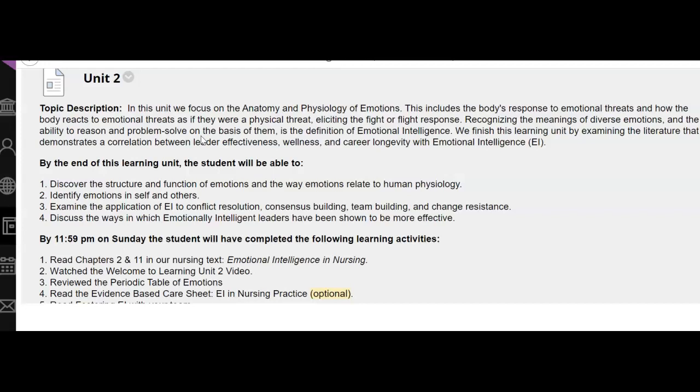We're going to be able to identify emotions in ourselves as well as others, and that's critical. And I think it's a skill that even though we went over in resiliency course, we really need to solidify and practice that identification of emotions in ourselves so that we can identify them quicker and make changes sooner when we see those in others.